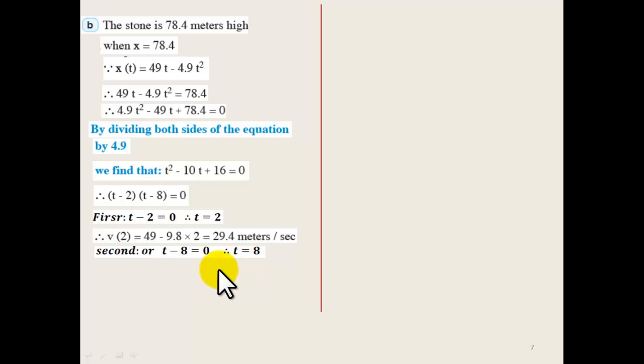So the body will be at the same height again, when x equals 78.4, after 8 seconds. So what is the velocity at this moment? We calculate it. V(8) equals 49 minus 9.8 multiplied by 8, which equals negative 29.4 meters per second.